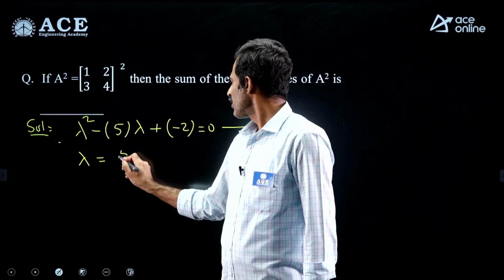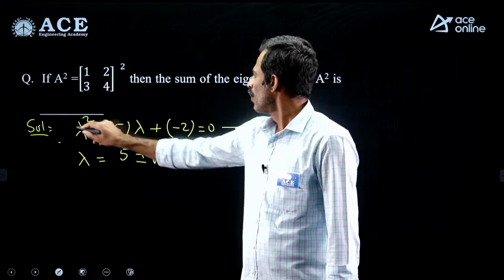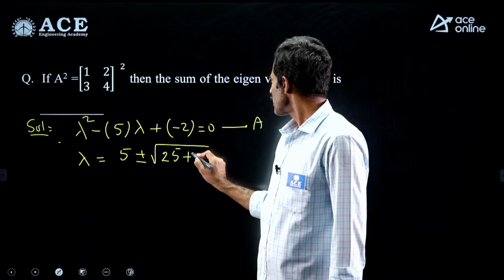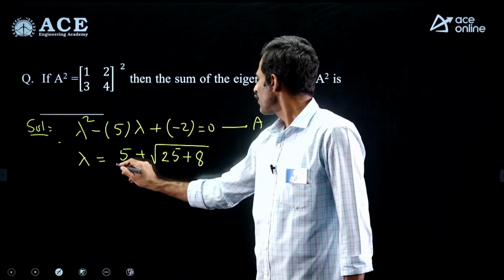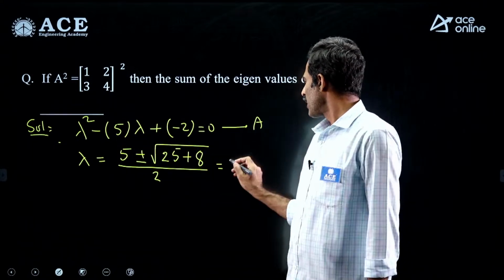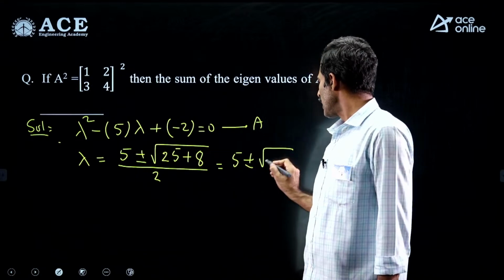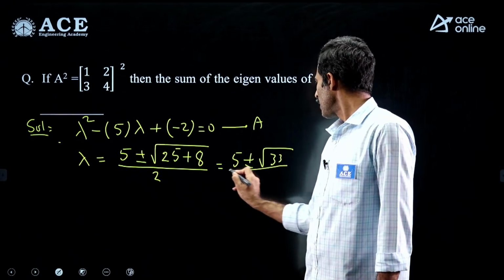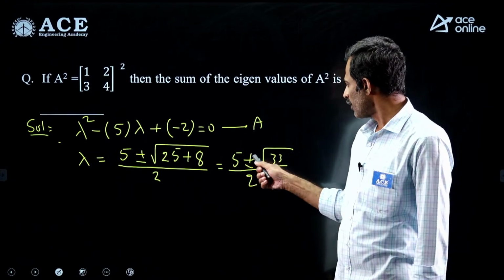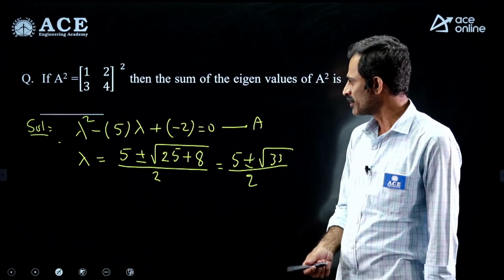Here that gives 5 plus or minus under root of 25 plus 8, that is 33, divided by 2. Now we have the two eigenvalues of the 2 by 2 matrix: one is 5 plus root 33 by 2, the other one is 5 minus root 33 by 2.